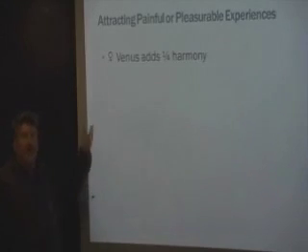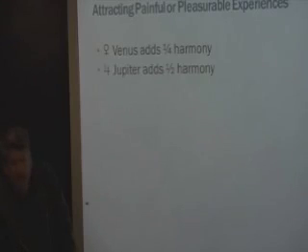Now, the other thing we want to know when we're looking forward in a chart and trying to determine, is this good or bad, what's going to happen to me, is what is the conditioning energy? Aspects from Venus bring 1/4 harmony with them. Aspects from Jupiter are conditioned with 1/2 harmony.